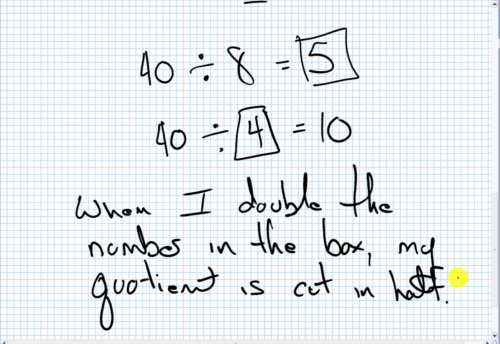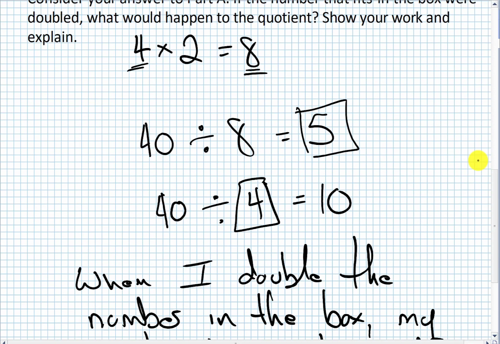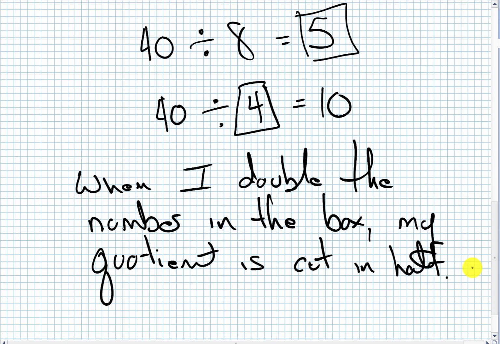We can say cut in half, we can say that it is halved, we can say it is reduced by half, but all of those terms essentially mean the same thing. Doubling this number here, when we compare it to this equation, cuts this number in half when we compare it here.